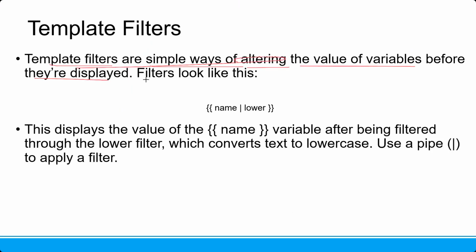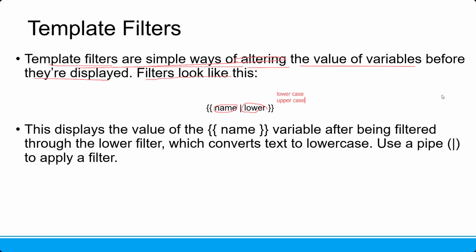For example, name: I want to print the name in lowercase, or if I want to print the name in uppercase. I need to do this with the HTML, and in this case the template filters work well.